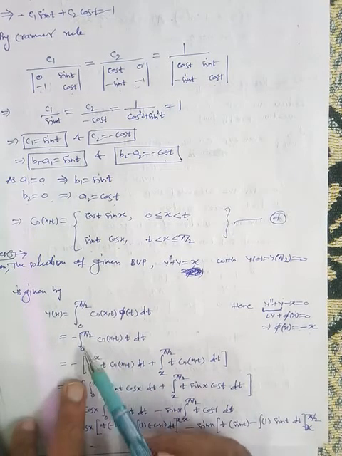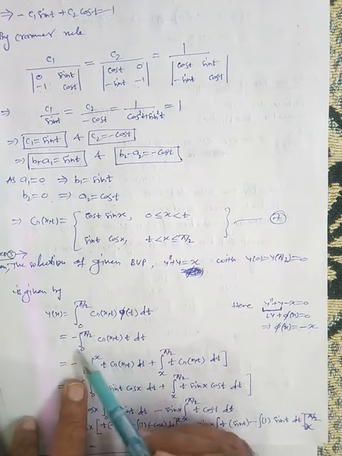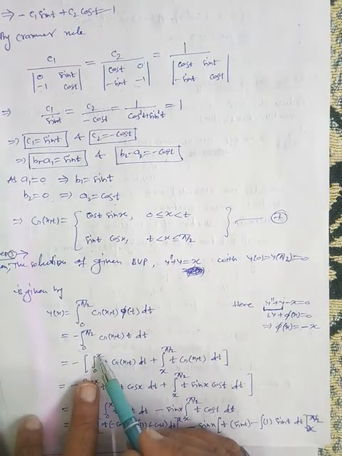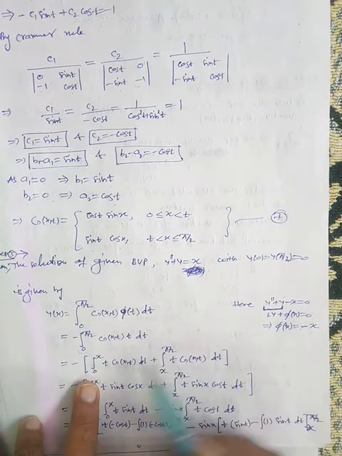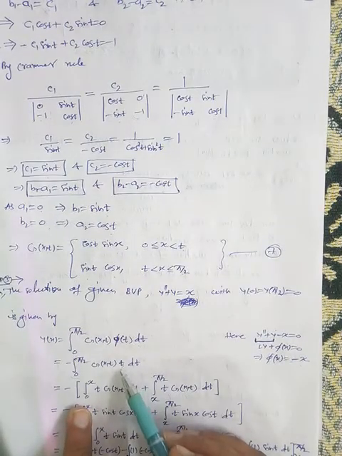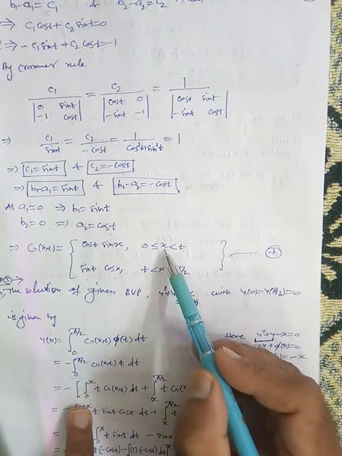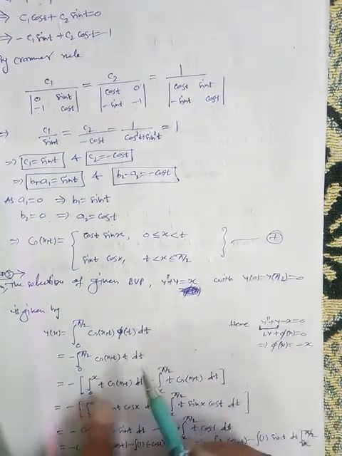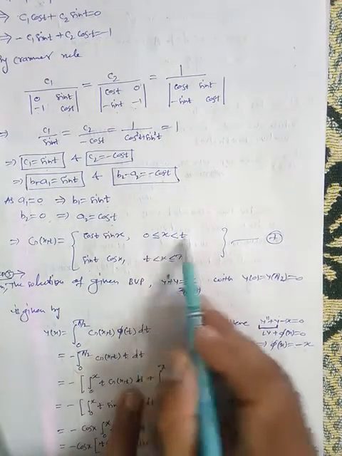So now we can divide this range into two parts, 0 to x and x to pi by 2, because here the variable is t, however there the variable was x. So we have interchanged x and t.